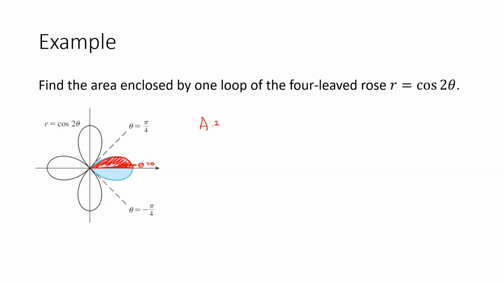Okay, so we can do 2 times the integral from 0 to pi over 4 of 1/2 f of theta, in this case cosine 2 theta, squared. And then squaring this, we get cosine squared 2 theta.